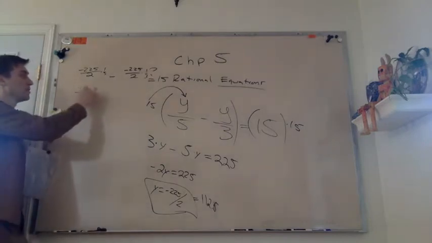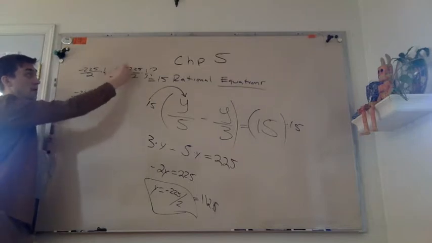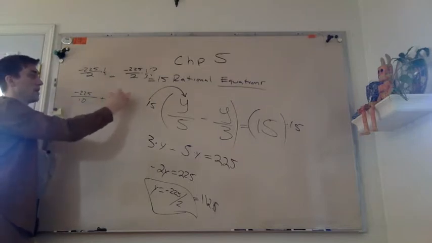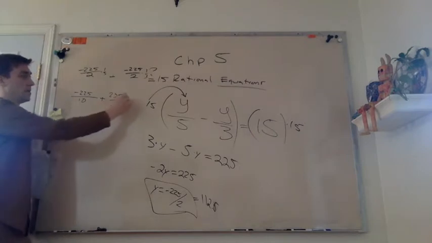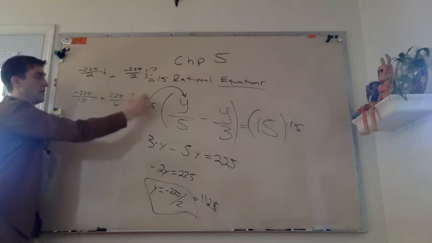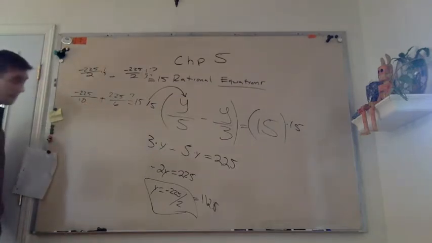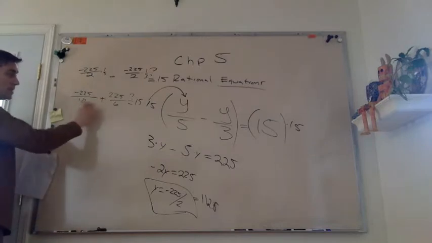So you get negative 225 divided by 10 minus, plus, negative times negative, plus 225 divided by 6. Is that equal to 15? To add these together, you need common denominators. 10 and 6, so 30 will work.